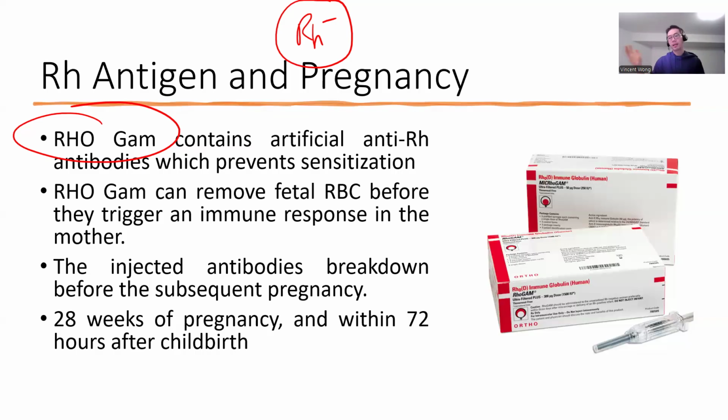It's not going to get into the baby's blood, and therefore the baby will remain unaffected. Any RhoGAM that you inject into the mother is temporary. It's not going to stay there forever. So next time, if she becomes pregnant again, she would need another round of shots. That's how you prevent sensitization.